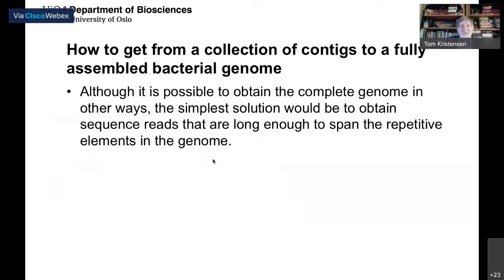So how do we get from a collection of contigs to an assembled bacterial genome? We have discussed this already, and again, the simplest solution, although not the only solution, would be to obtain sequence reads that are long enough to span all possible repetitive elements present in the genome we are interested in.